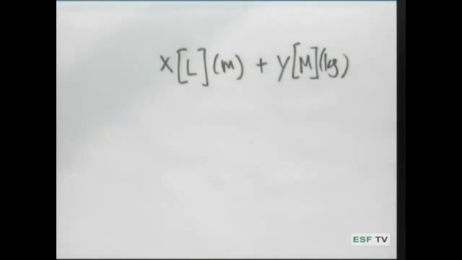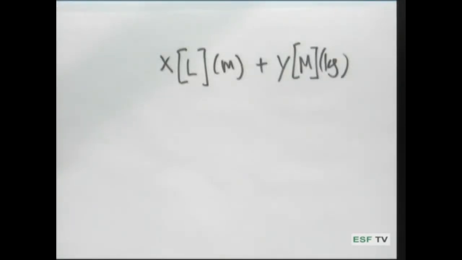And so, for example, if you're talking about an operation like this, where you have a quantity x that is a dimension of length measured in meters, you cannot take that quantity and add it to a quantity y that has a dimension of mass that's measured in units of kilograms.